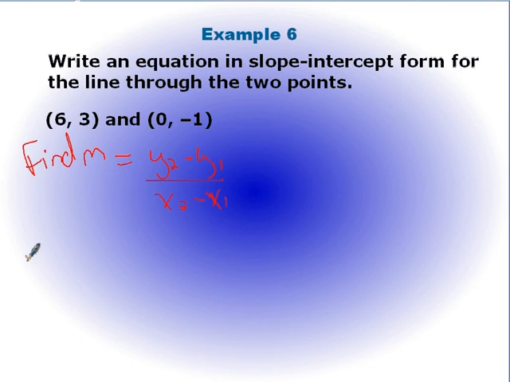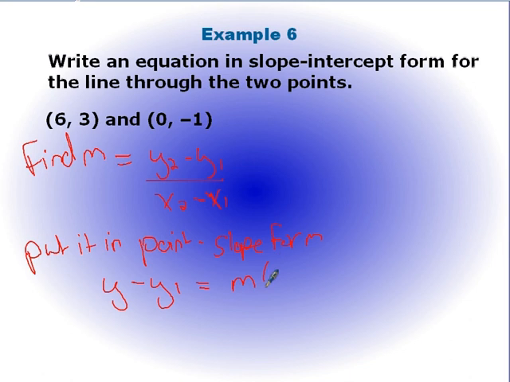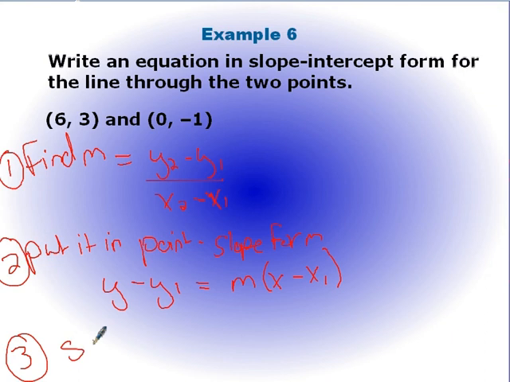Then your next step is to put it in point-slope form, and that's y minus y1 equals m times x minus x1. So that's step 1, step 2, and then step 3 is to solve it for y, so that way you'll have your slope-intercept form. Pause the video, try this.